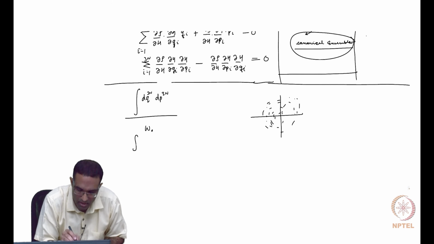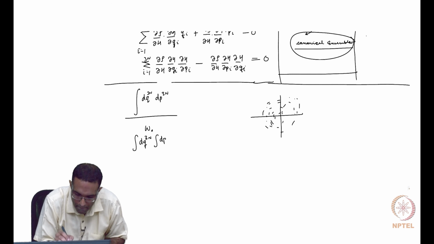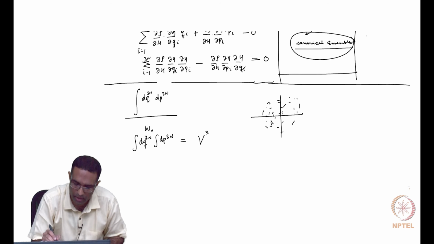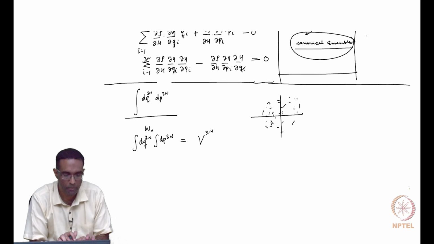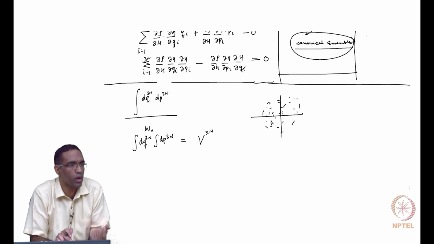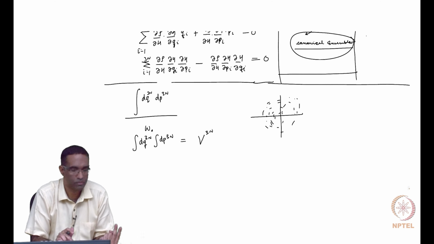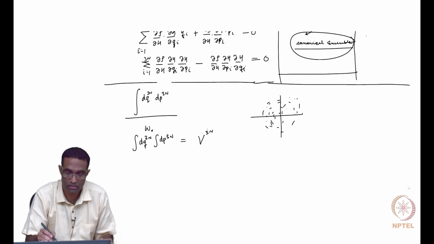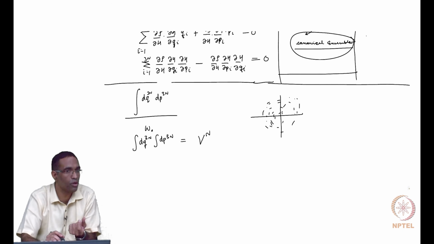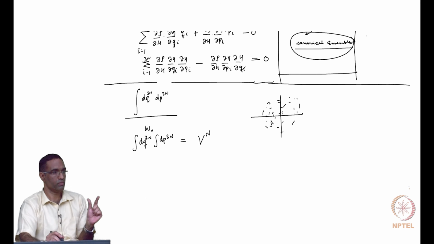So this thing is actually V to the power 3n, because every 3 dq's is contributing to one volume, right. Sorry, V power n, because every 3 dq's is contributing to one volume. Is that right?